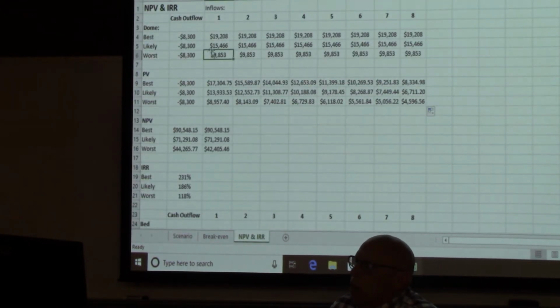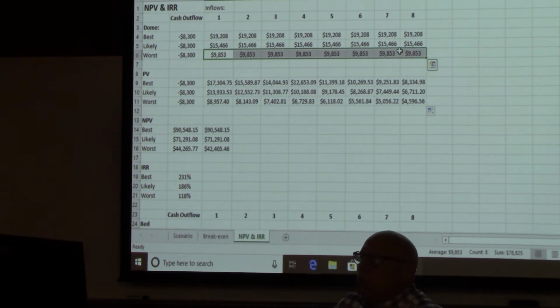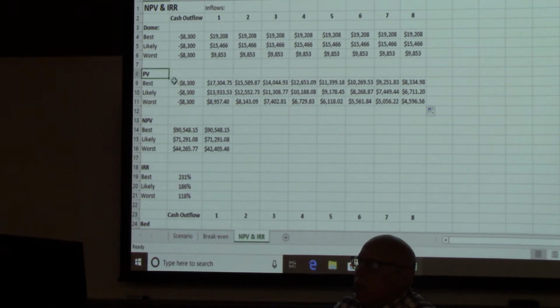All right, so here's our cash outflow. Here are our cash inflows. Then we can do a net present value longhand. What I did was I found the present value of each cash flow. Of course, the cash outflows are at time 0, so they are the present value.